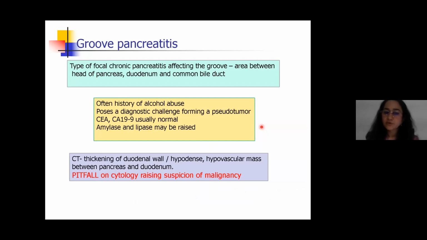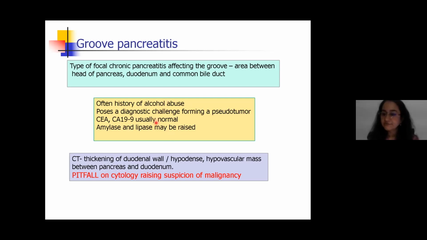It is a type of focal chronic pancreatitis affecting the groove, that is the area between the head of pancreas, duodenum, and the common bile duct. So this area is the groove. And when there is repeated inflammation in this area, it forms a scar-like tissue, which can be confused with malignancy on radiology. Often there is history of alcohol abuse.